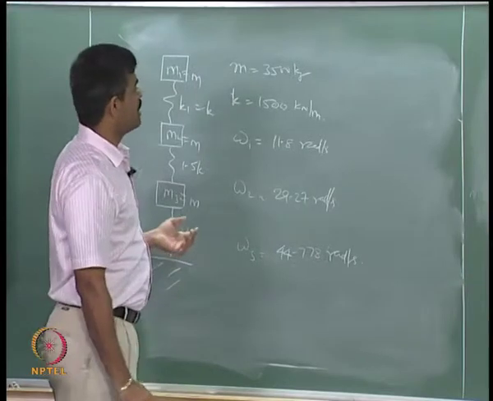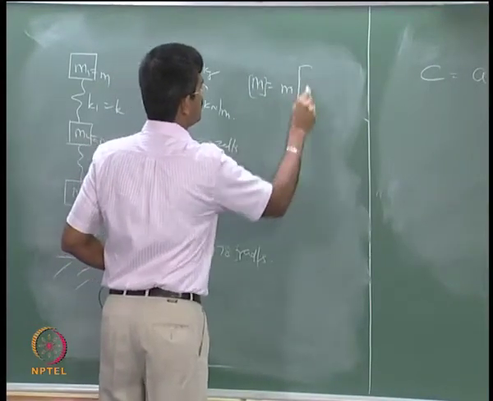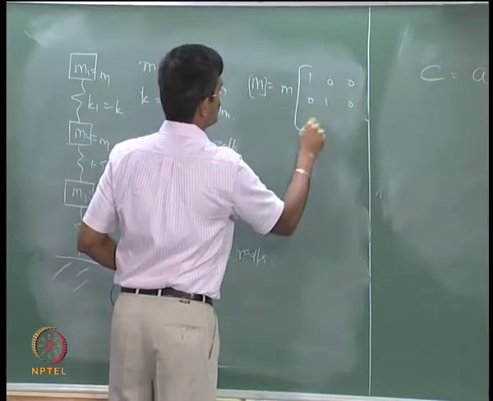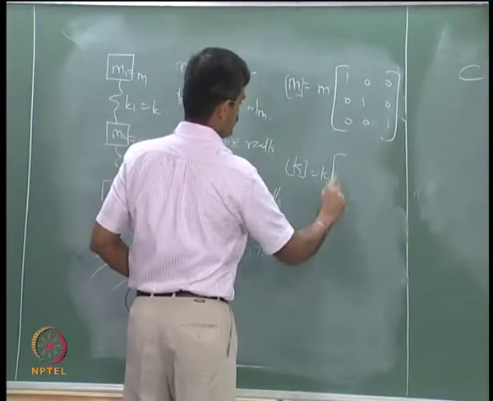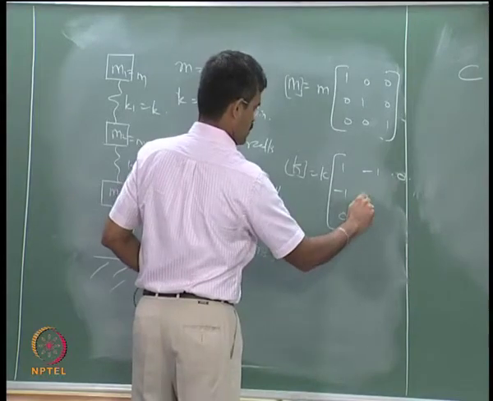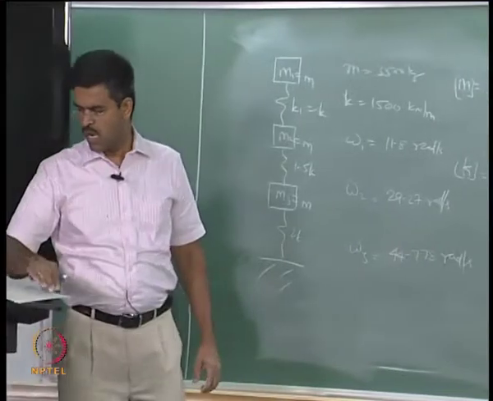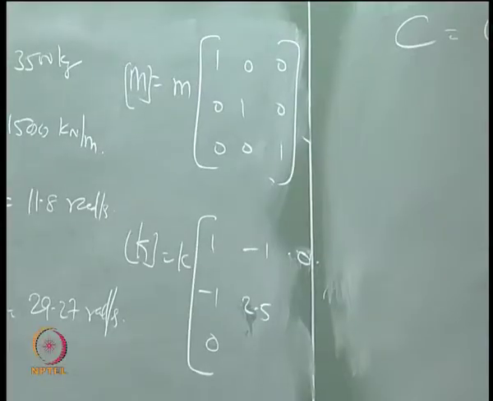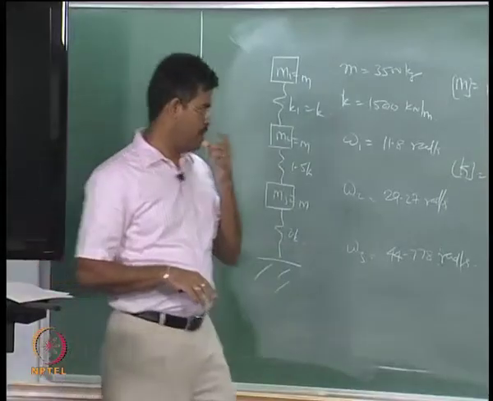We already have the mass matrix, we already have the stiffness matrix. What is the value of the stiffness matrix? Minus 1, 2.5, 1, minus 1.5.